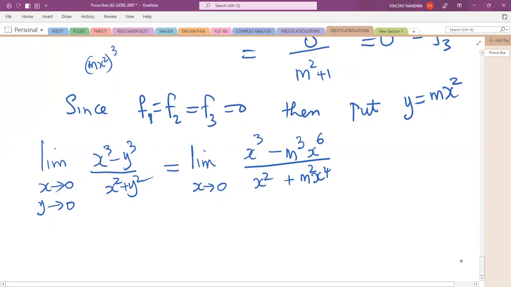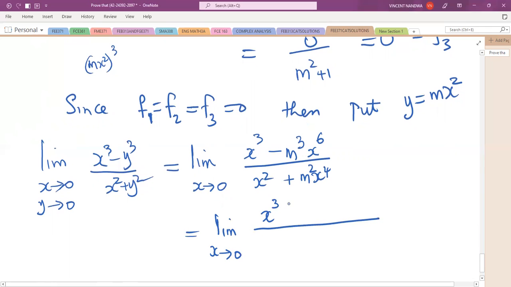And then this is the same as the limit as x approaches 0 of, common here is x to the power 3, into brackets 1 minus m cubed x to the power 3, over x squared into 1 plus m squared x to the power 2.